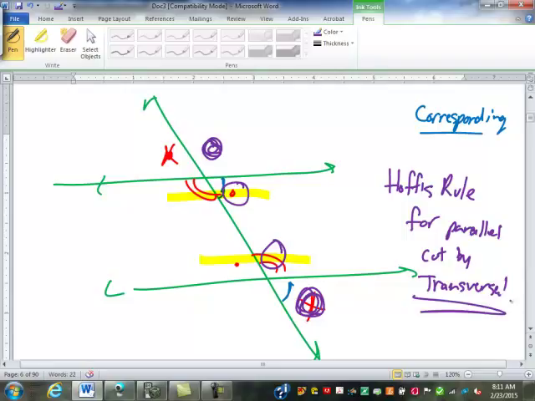Write this one down, pass it on to your children. Hopefully it'll catch on and I'll be famous in a couple hundred years. When you have parallel lines cut by a transversal, all angles are either equal or supplementary, period. There's only two angles formed. No need to have all the other rules memorized.